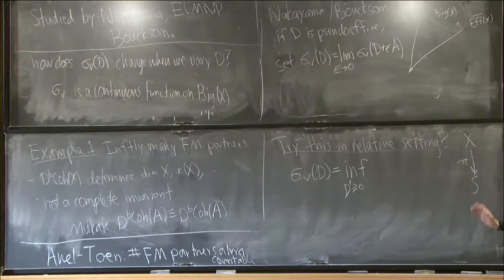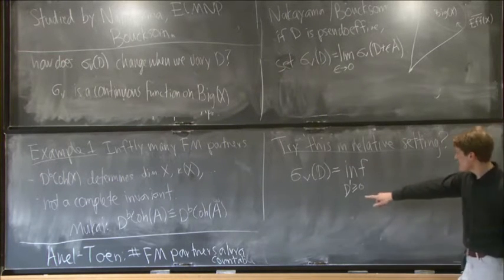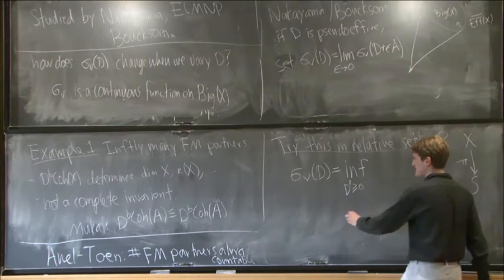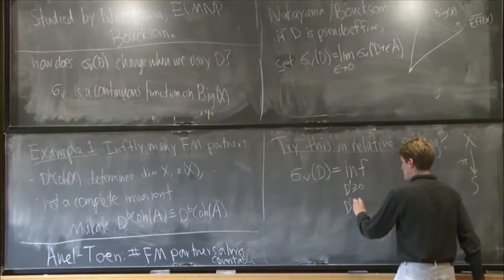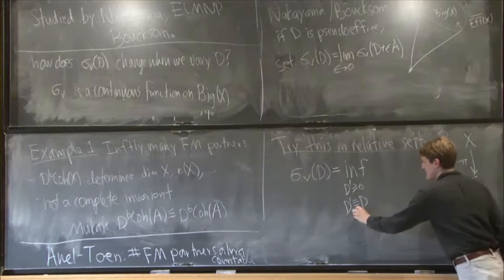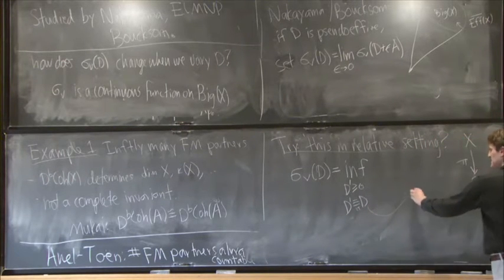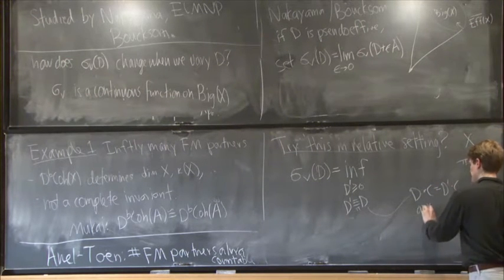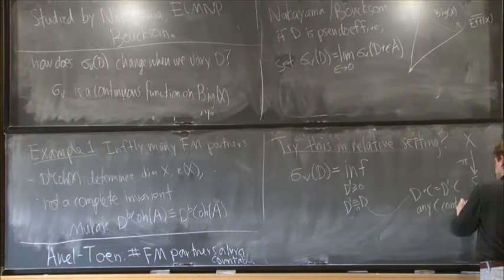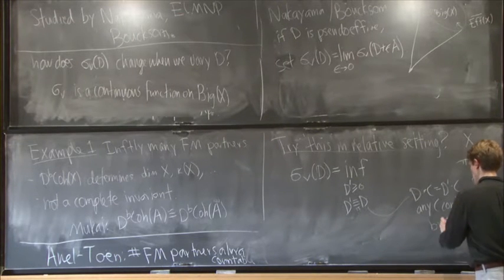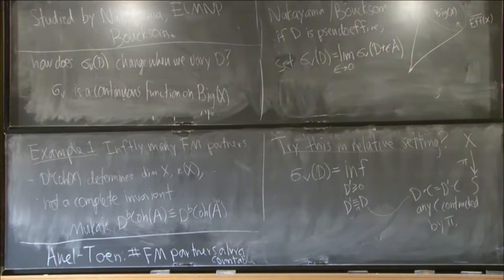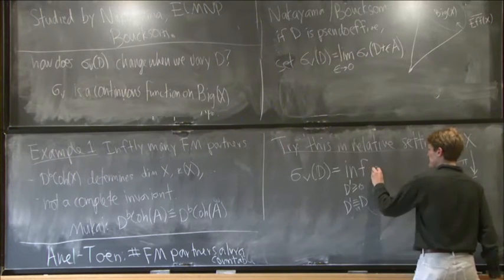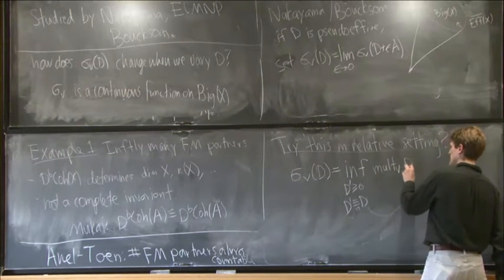So we try to do exactly the same definition as before. We look over all d prime that are effective and that are equivalent to d over S. What I mean here is that d dot C is equal to d prime dot C for any C contracted by pi. Is this OK? It's just like before, more or less. And you look at the infimum of the multiplicity along v of d prime.